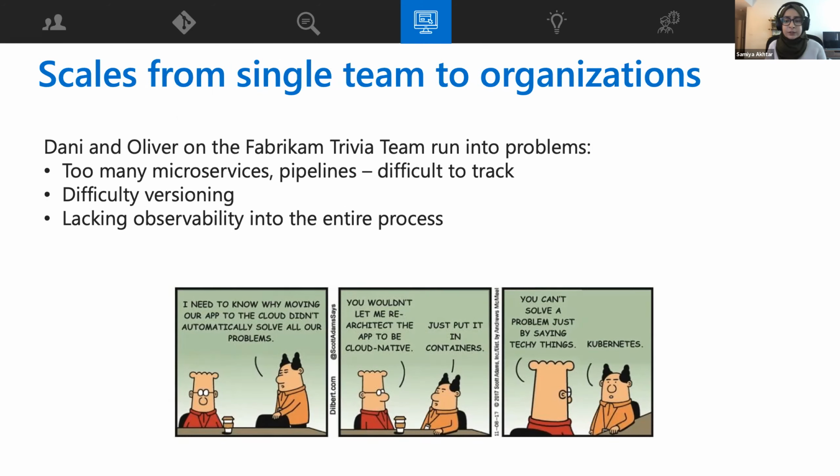They also have difficulty versioning. Developers have trouble testing their own beta versions with stable versions of other microservices, so they want to decouple microservices from each other. And their operator is lacking observability into what gets deployed, versions, audit logs, and sometimes he has trouble fixing issues if bugs make it into production.